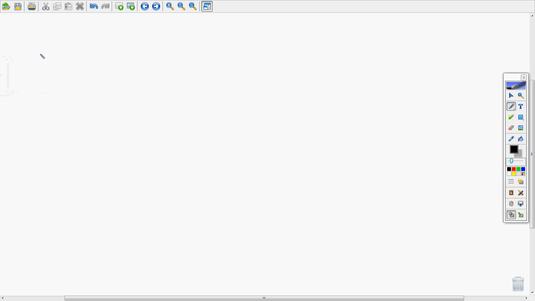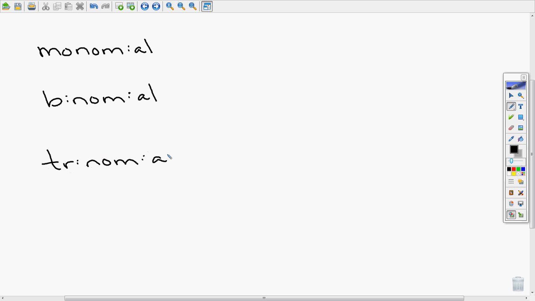Okay, the next definition that we need are the 3 types of polynomials we're going to deal with the most: monomials, binomials and trinomials. A monomial has one term. A binomial has two terms.